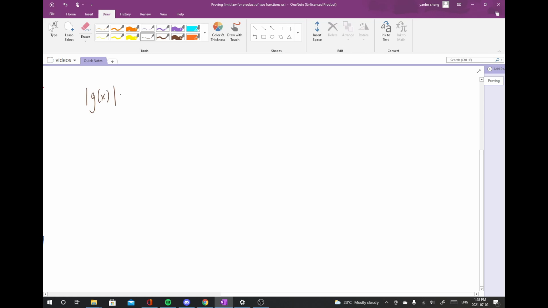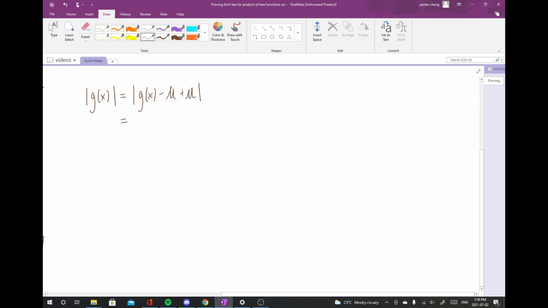What can we do? Well, let's try what we did before with the plus minus, which equals 0. Since we know g of x is defined and that the limit as x approaches a of g of x is m, let's try plus minus m. So minus m plus m, and immediately we see that this is something that we can achieve with epsilon.